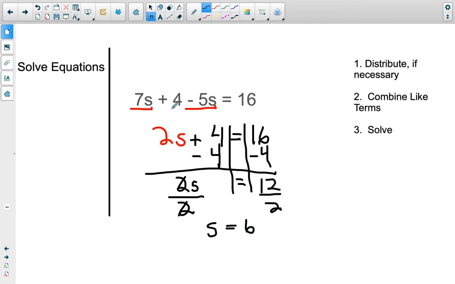Again, we could do a quick check. 7 times 6 is 42. Plus 4 is 46. Minus 5 times 6 is 30. Well, what's 46 minus 30? It's 16. It worked. S is 6.